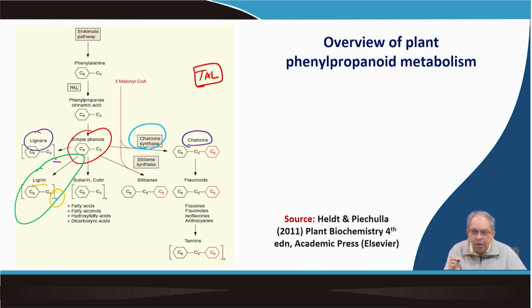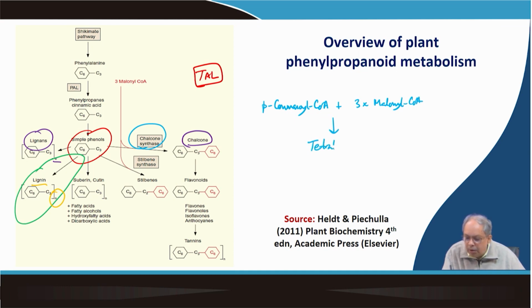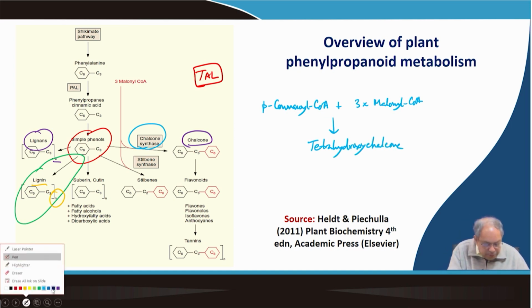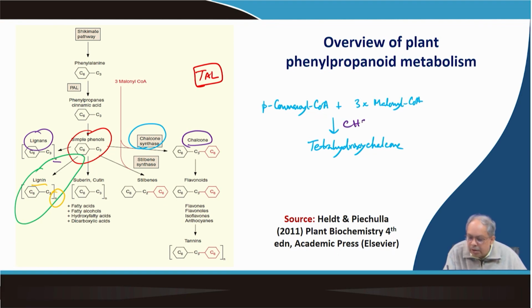One is 3 molecules of malonyl CoA and 1 molecule of para-coumaroyl CoA. Para-coumaroyl CoA plus 3 into malonyl CoA makes chalcone, or we call it tetrahydroxychalcone. We will see this in detail later. The enzyme is called CHS.